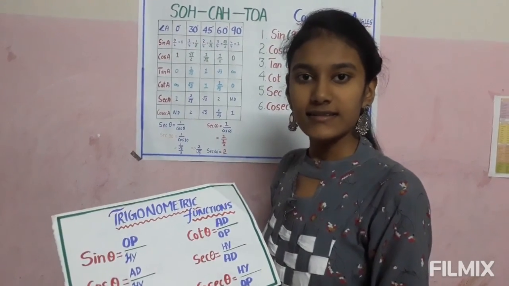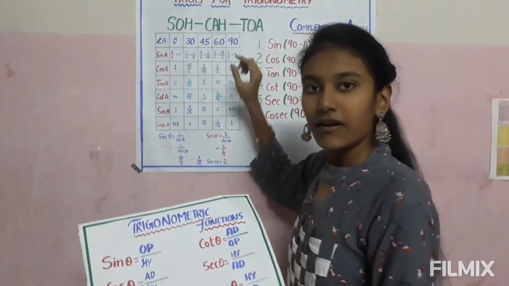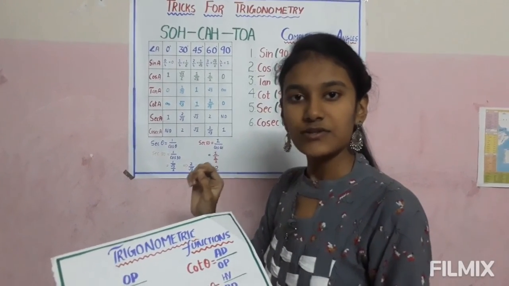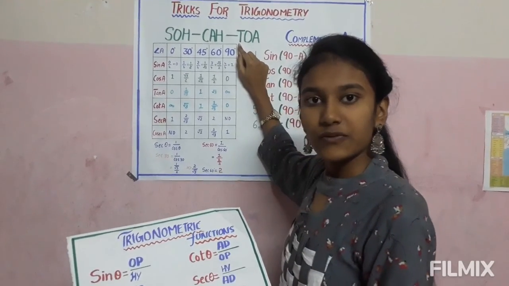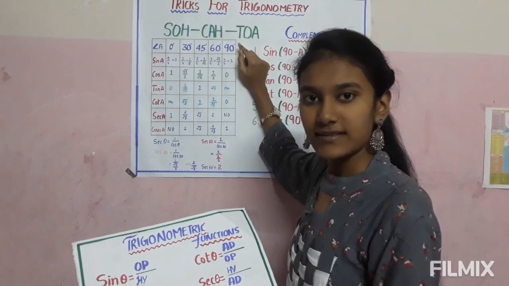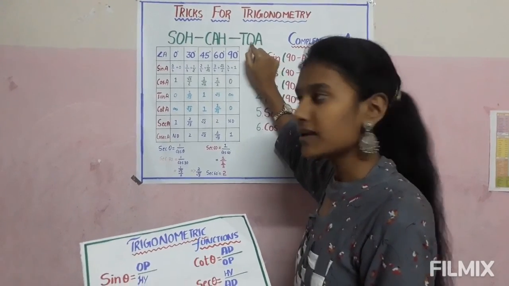Now whatever the other 3 trigonometric ratios, we know that all the trigonometric functions and ratios are related to each other. Cot theta is the reciprocal of tangent, so cot theta equals adjacent by opposite.